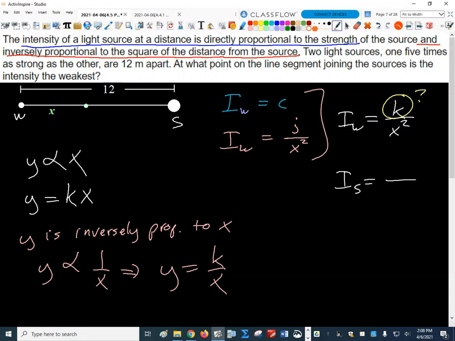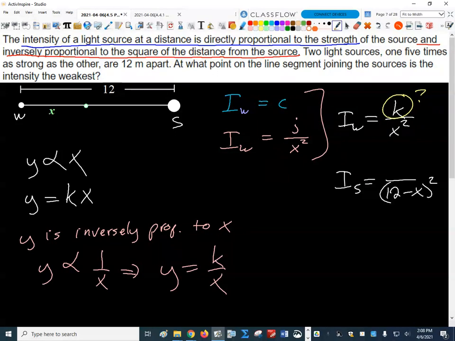If we're saying that the distance is x from the point where we're measuring intensity to the weak source, then what's the distance from our measurement point to the strong source? Total distance is 12. Okay, good. So it's 12 minus x. So on the bottom, I've got 12 minus x, squared.